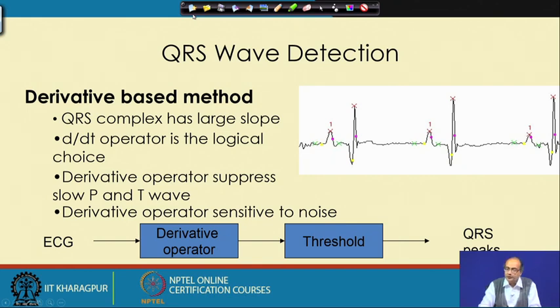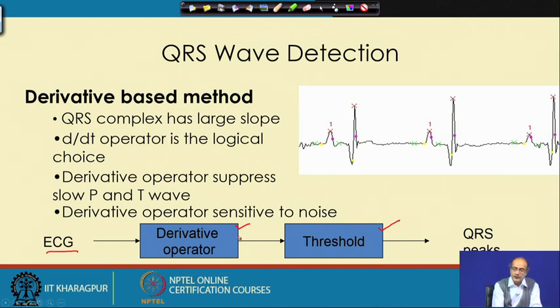But one thing we need to keep in mind is that derivative operators also amplify the noise, so we need to be a little careful about that. For all the algorithms designed for QRS wave detection, the basic block diagram is like this: the ECG signal is passed first through a derivative operator, followed by thresholding.